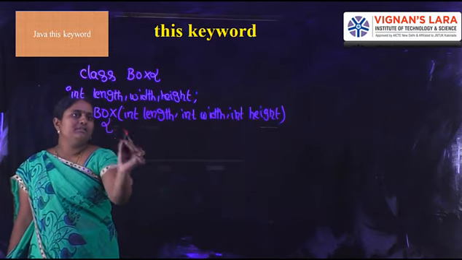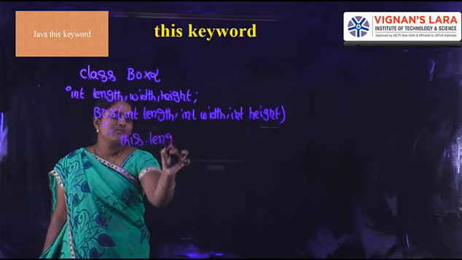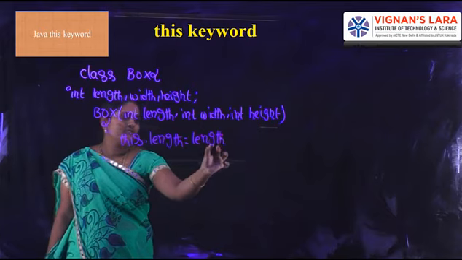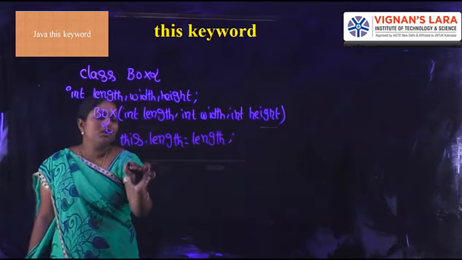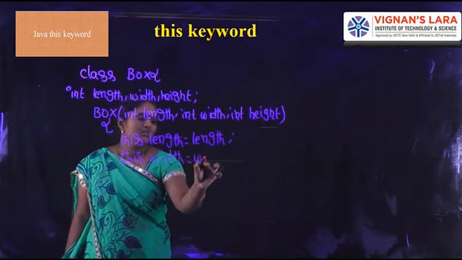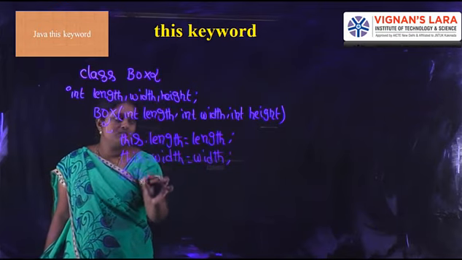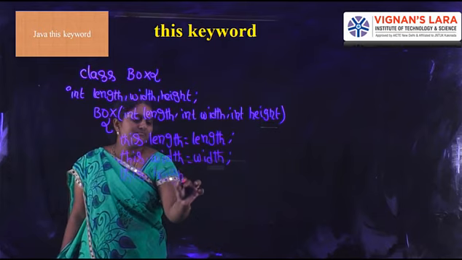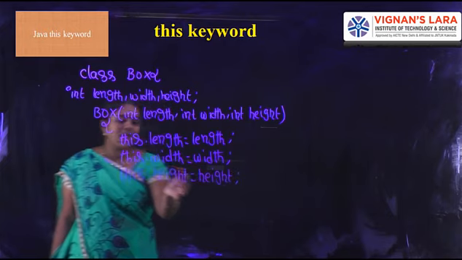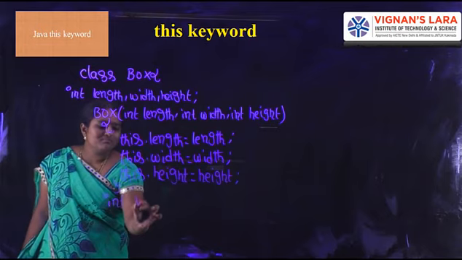Within the constructor body, this dot length equal to length, this dot width equal to width, this dot height equal to height. Don't worry, I will explain it one by one afterwards.